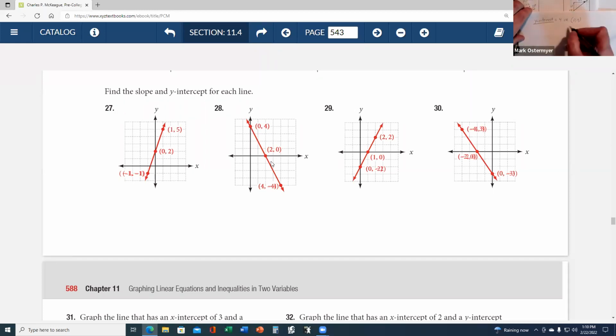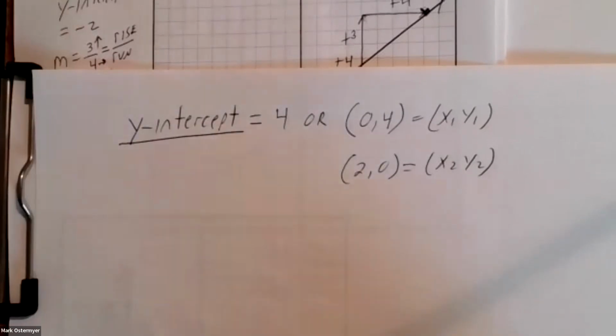Or you could choose two points on the line. Like I said, you could use the y-intercept as your first point and this x-intercept (2, 0) as your second point. And then you could put them into the slope formula and crank out your slope that way.